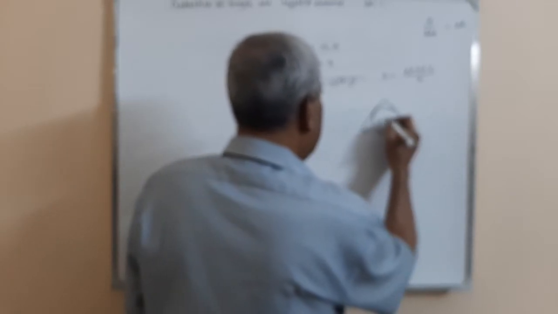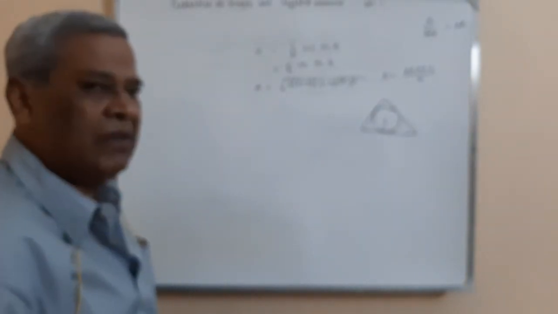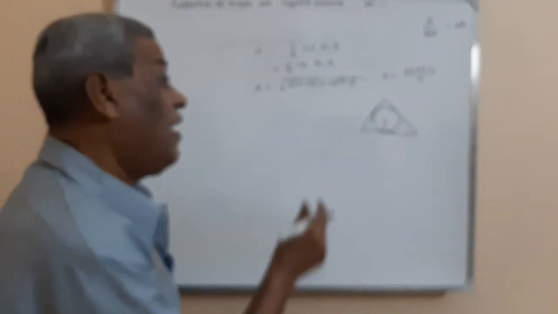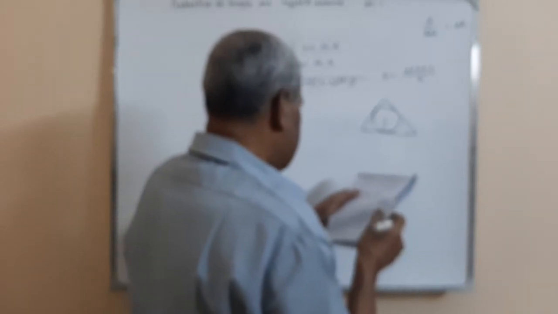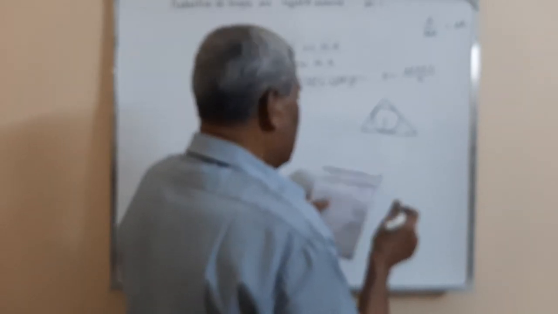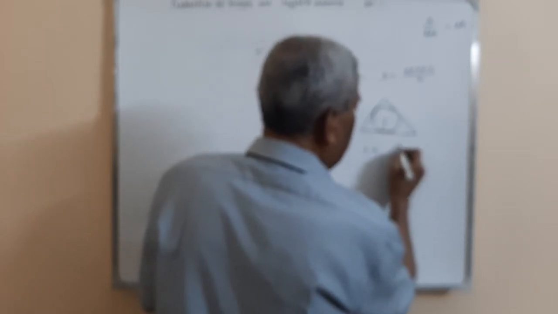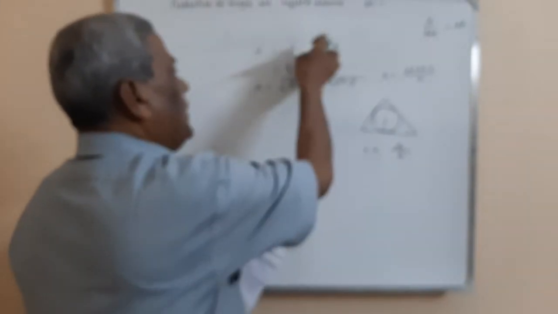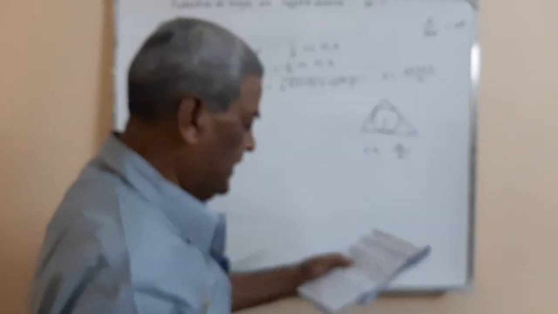Its radius, from this to that or this to that, is called the inradius of the triangle ABC, and the inradius r is equal to delta by s. Delta is the area, you can use any formula, and s is the semi-perimeter.